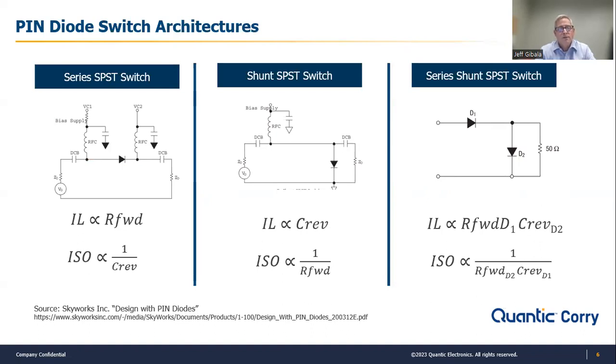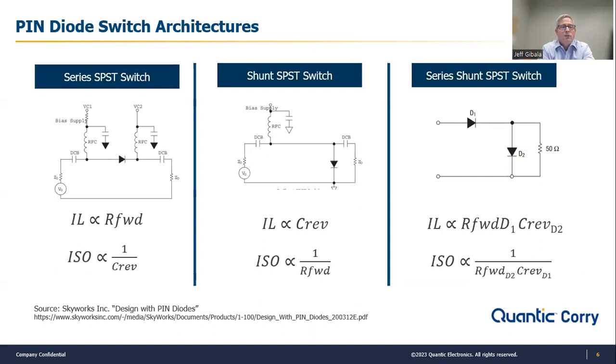So in the forward bias condition, as I mentioned before, the diode will look like a low resistor, and it will have some forward bias resistance, and that will allow the RF energy to pass to the load with some attenuation. Now, in the reverse bias condition, the diode will look like a high value resistor, as I mentioned previously, with a capacitor, and the capacitor will dominate.